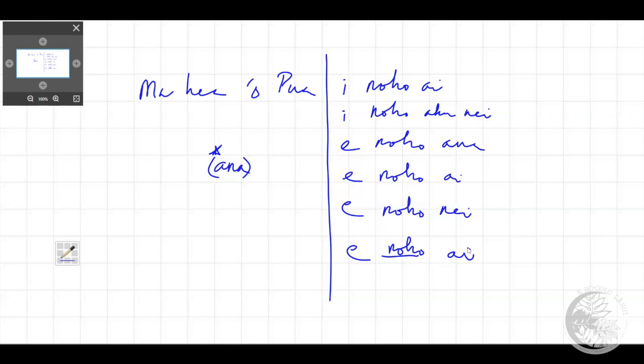Now the thing you recognize between these two here, I'm just going to put this arrow here. You might see as being similar, but the big difference, of course, is this ana up front, which tells you the idea of will be occurring in the future. And the habitual, where does Pua live? Like, what's her usual? Where does she live every day?